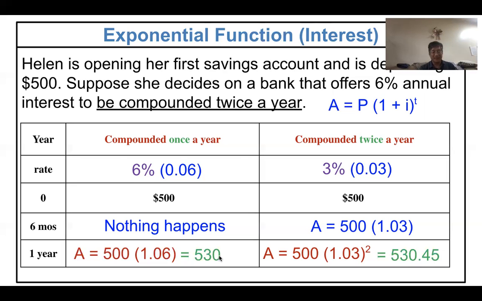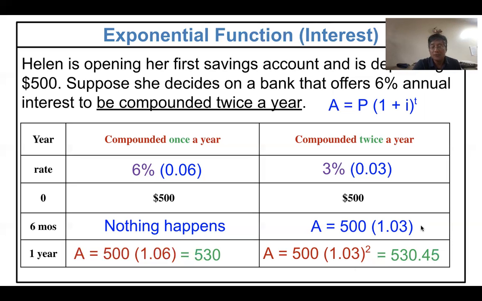Can you explain this? This happened even though the 6% interest rate is the same, but think about it. After 6 months, the balance here changed, right? So it became $515.